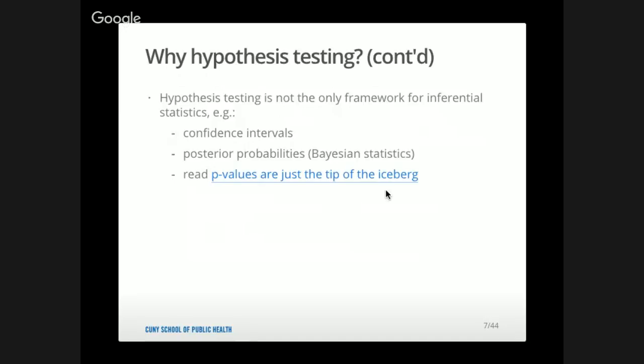I don't know if any of you had a chance to read it yet, but this is an interesting and short read from Nature, P-values are just the tip of the iceberg, and it's a nice short commentary on some of the controversies that exist in the literature and scientific community around the use of p-values and null hypothesis significance testing.